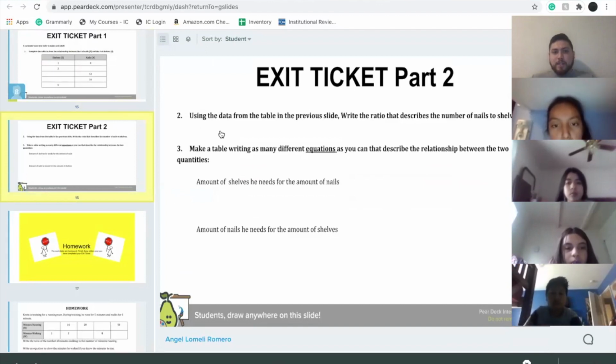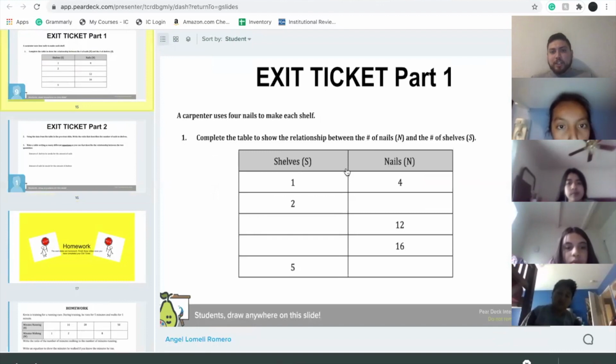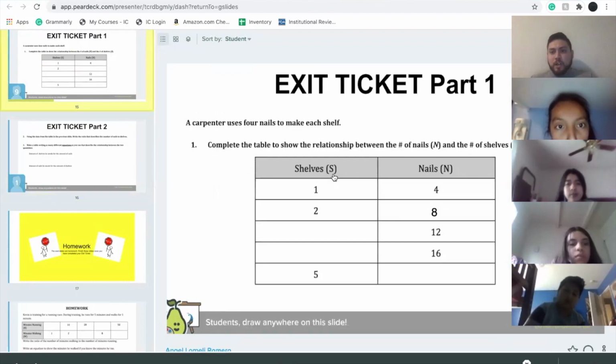You've got to find the ratio that was used to create the table, also known as the value. And then you're going to come up with our 2 equations talking about nails and shelves. So you're going to need words for those. You can use N or S. I'll let you get started on that. 15 and 16. And let me know in the chat when you're done with the exit ticket so I can grade it and you can have a good weekend afterwards.